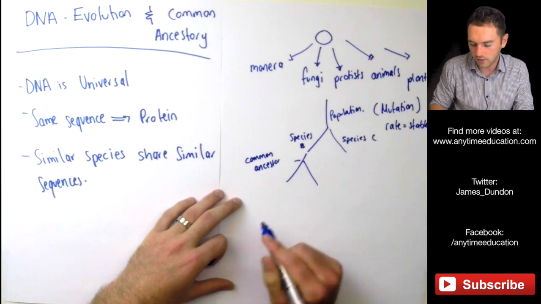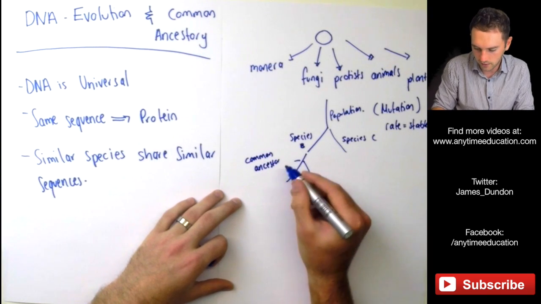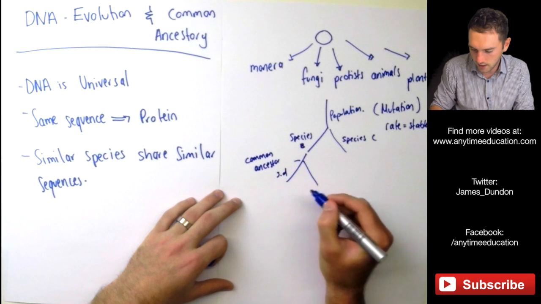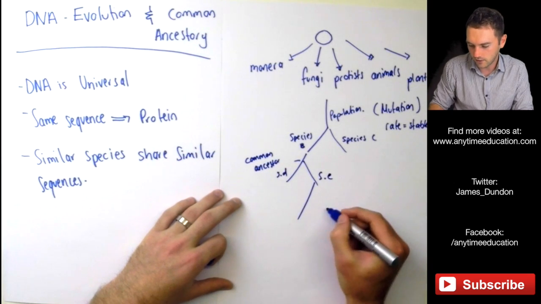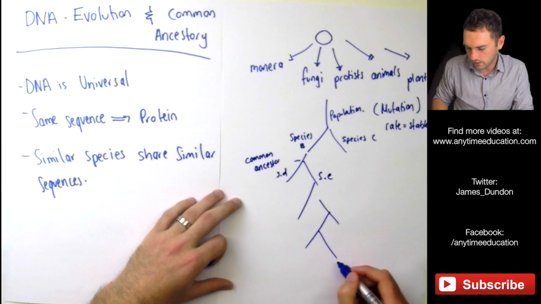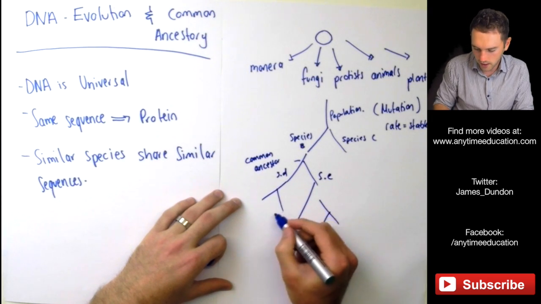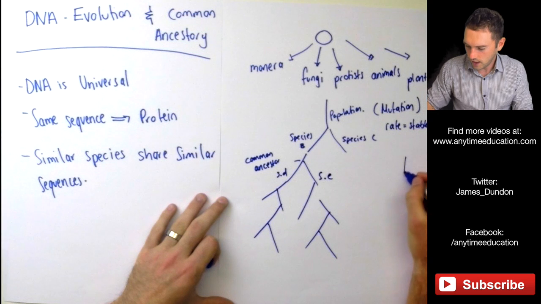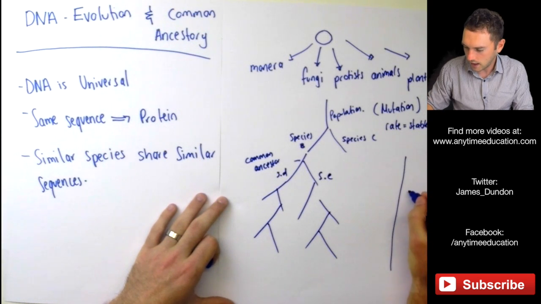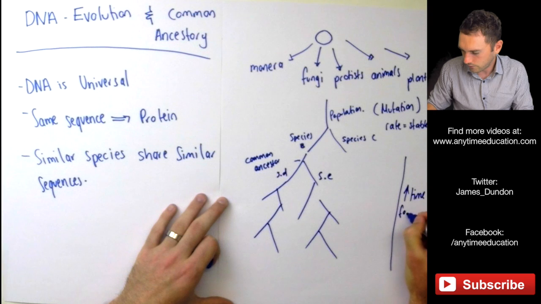So species B was a common ancestor, now species D and species E. And then it continues, branches, we form what we call phylogenetic trees, and so on. So as we move down, we have increased time for DNA change.